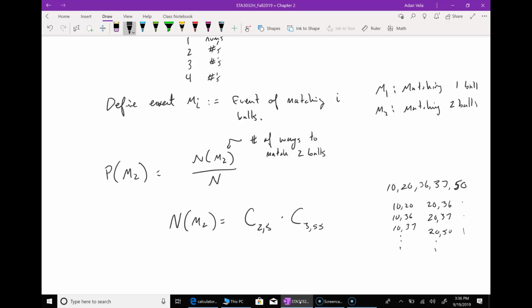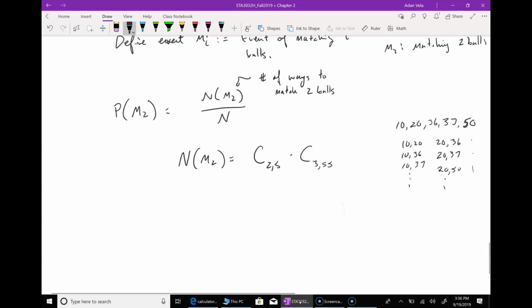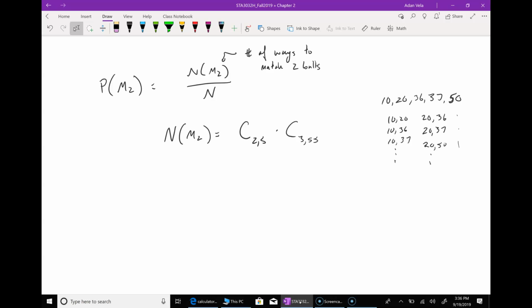Okay, 2 numbers of my 5 are going to match. 3 numbers are not going to match. And those have to come from the set of numbers that I don't have. Okay. Now, we can generalize this equation, at least for the 5-ball case, right?